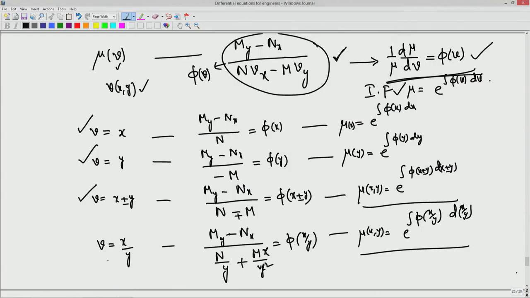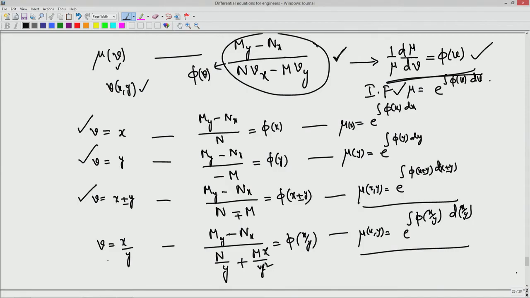And I will give an assignment with certain equations where I give you a hint to choose some form of v, so that you can make the equation exact. Otherwise we do not know how to find such a v so that the non-exact equation becomes exact.